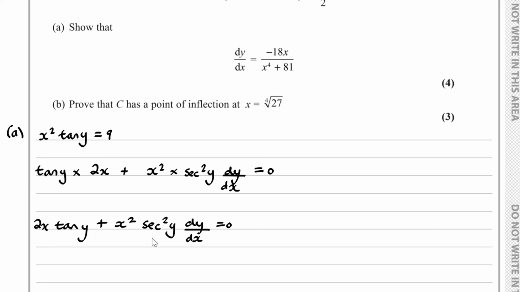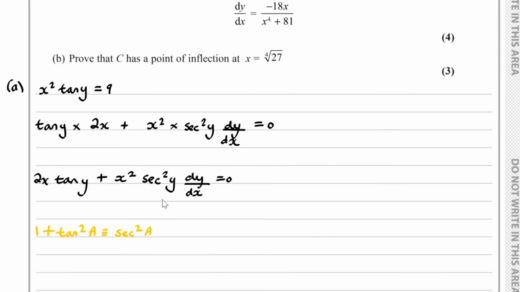Whenever we have something involving trig, we have to think of our identities. We should know that 1 plus tan squared a is equivalent to sec squared a. So that will help get rid of this sec squared y, but I'll still have something involving a tan y.